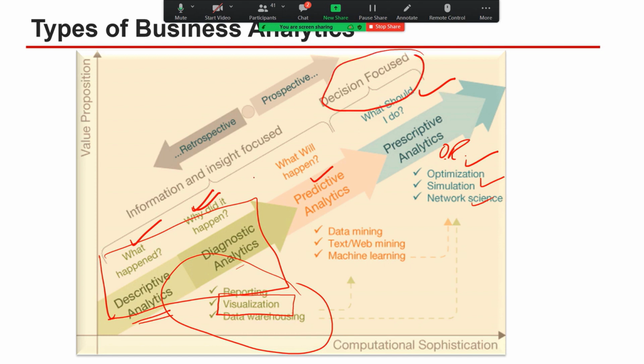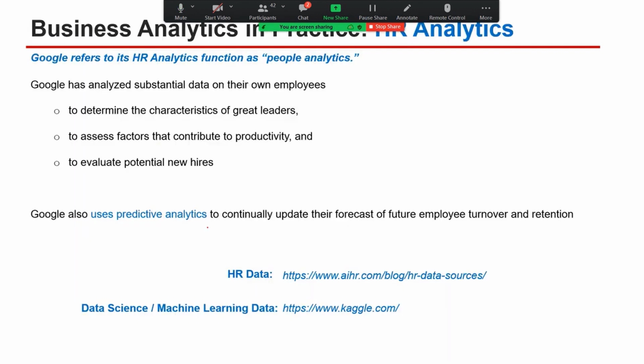Whereas previously, we were mainly using historical data to identify what happened, why it happened, or what will happen, which means predicting something. But as I told you earlier, the focus of today's lecture is going to be on descriptive as well as diagnostic analytics.